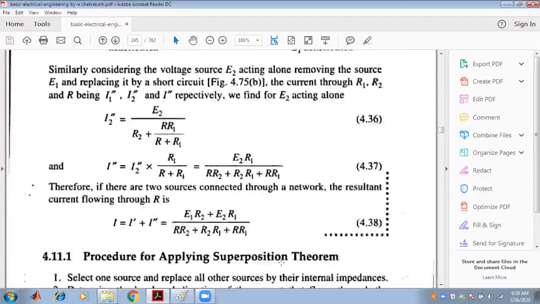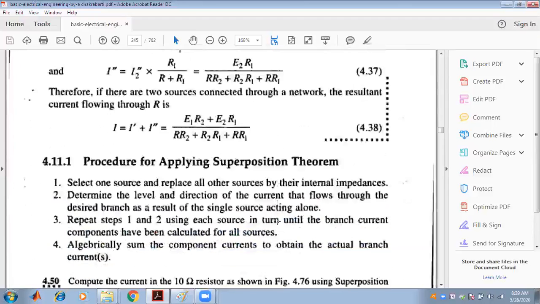What is the procedure of the superposition theorem? Select one source and replace all the other sources by their internal impedances. Determine the level and direction of the current that flows through the desired branch as a result of the single source acting alone.